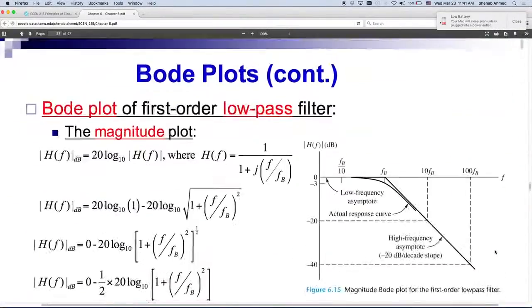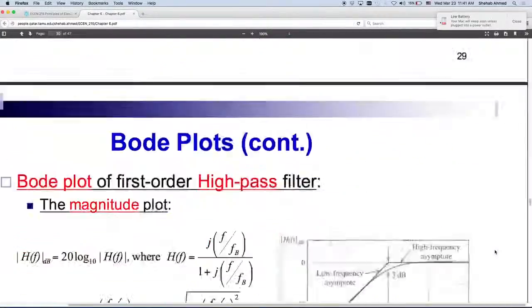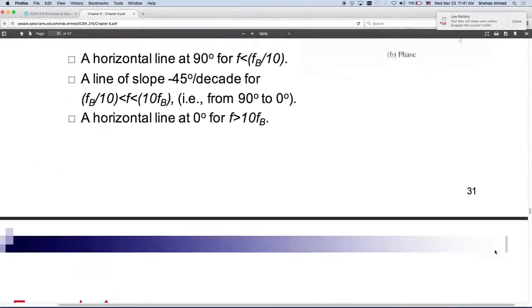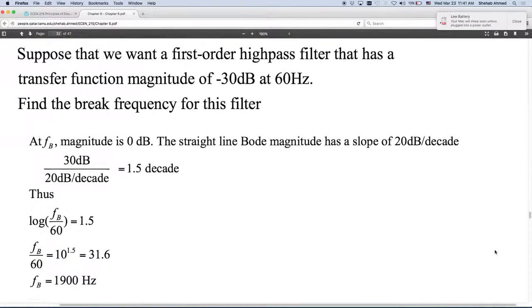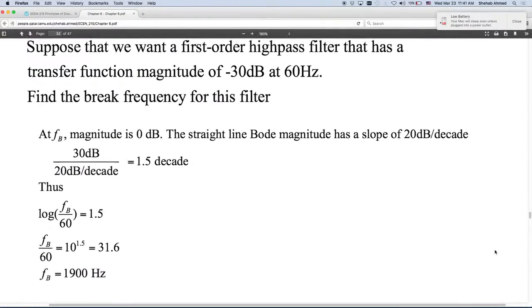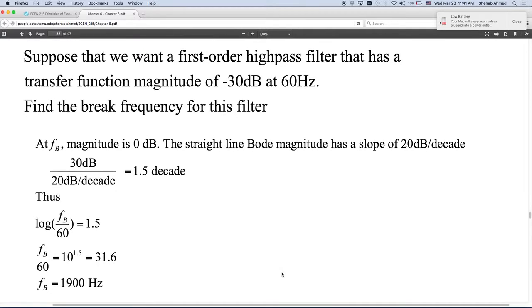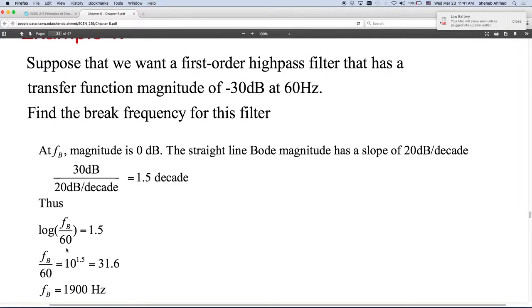If I go back to the example, I'm trying to find the break frequency of this filter, given that the magnitude at 60 hertz is minus 30 dB.